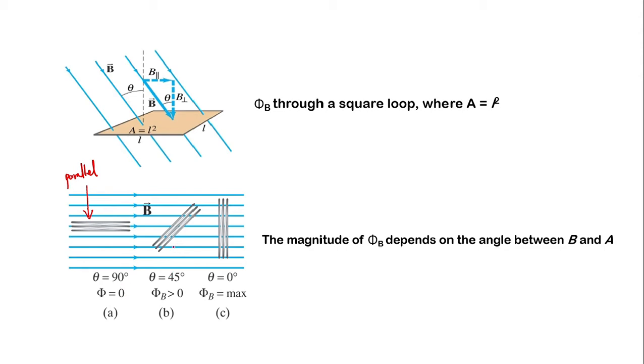Tetapi kalau dia ada angle in between, dia mesti ada value larger than 0, contohnya 45 degree. Tetapi kalau dia perpendicular, maksudnya area-nya macam ni, the direction of the magnetic field to the right, so magnetic flux pada keadaan maksimum, value yang paling maksimum.